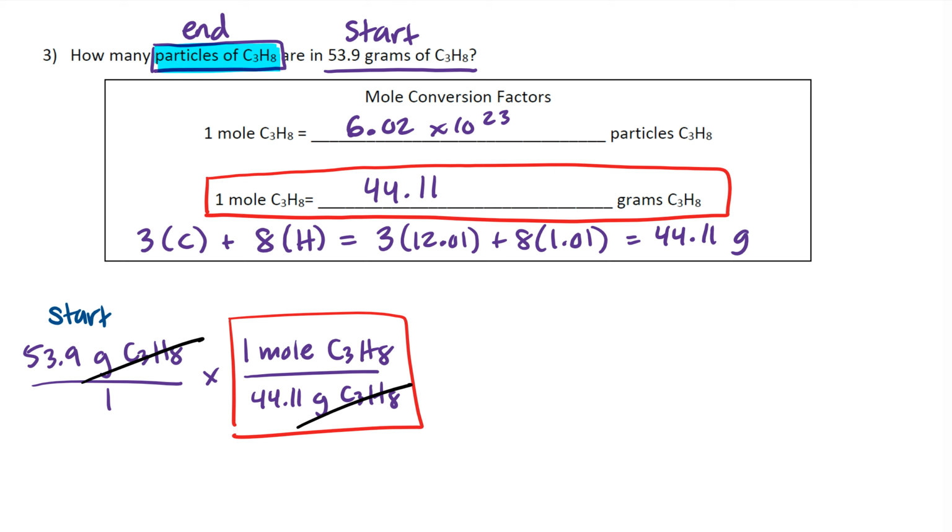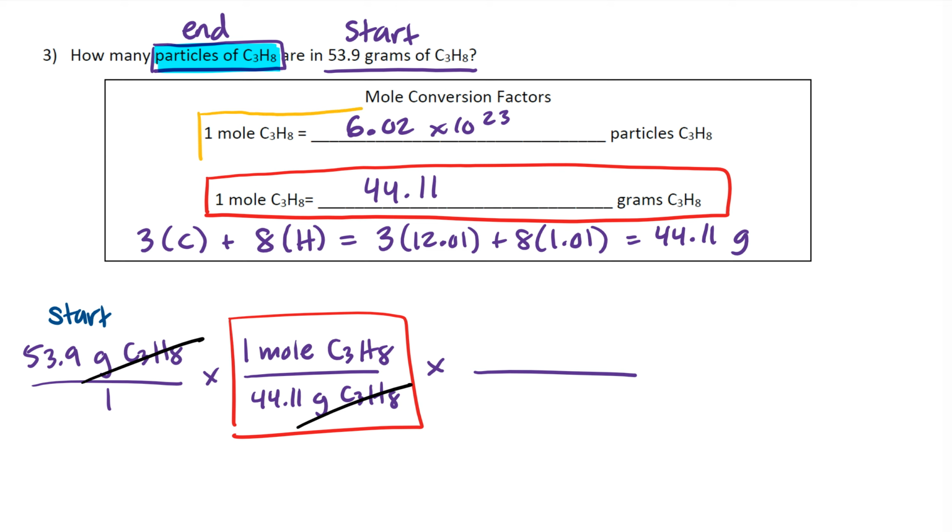and I'm not done because my end unit is particles of C3H8. So I got to go one more step and see if I can find another conversion factor that will help me out. And since now the unit in my work that is left is moles of C3H8, and I'm trying to convert this over to particles of C3H8, I need a conversion factor that has both moles and particles. And that's going to be the first conversion factor.